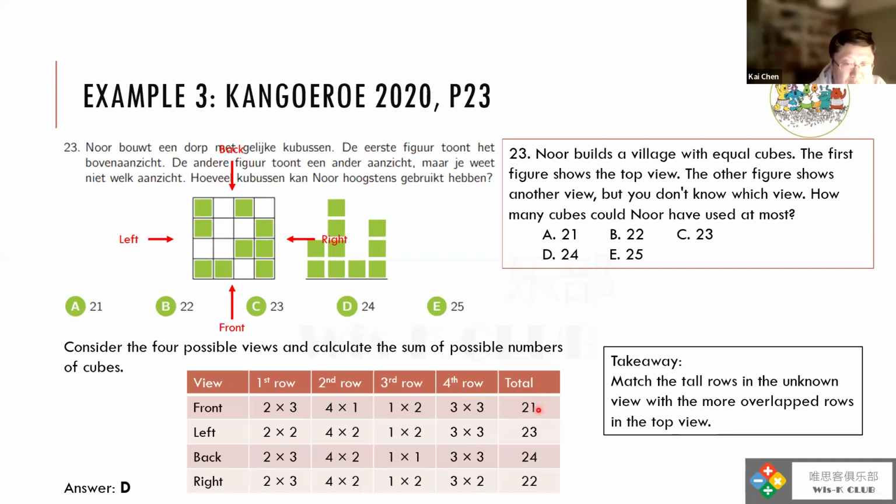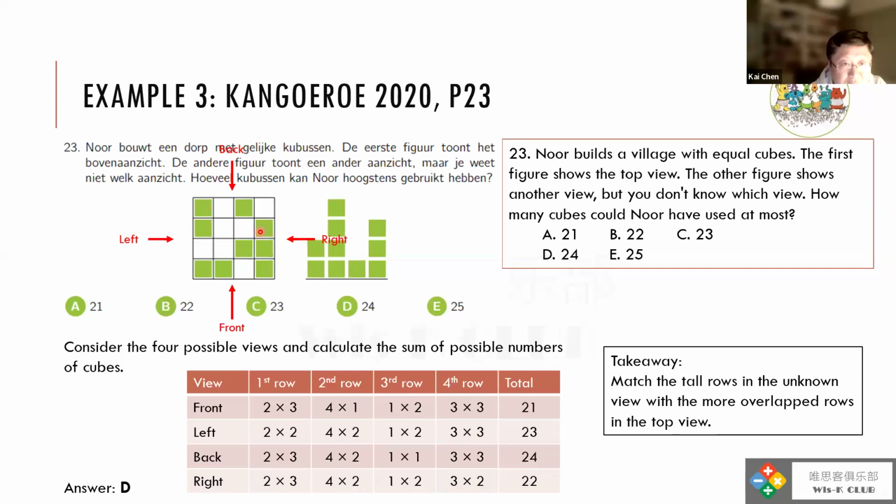So 21. But the second possibility is that this view is seen from the left to right, and now this comes to the first row, which contains only 2 towers, and here the height is 2, so that's 2 times 2.